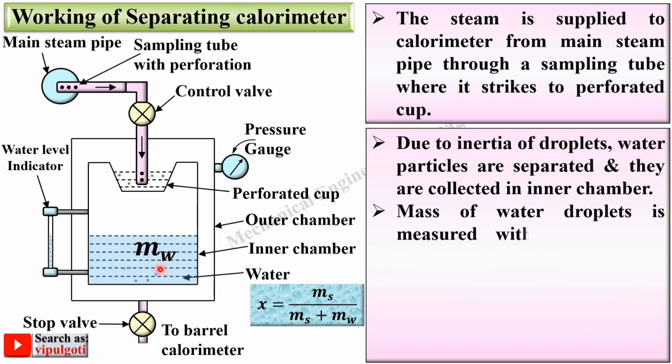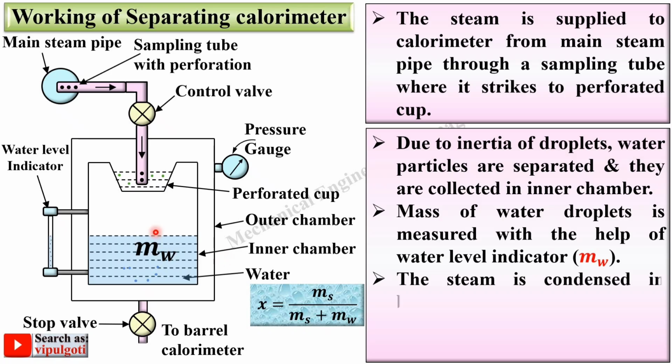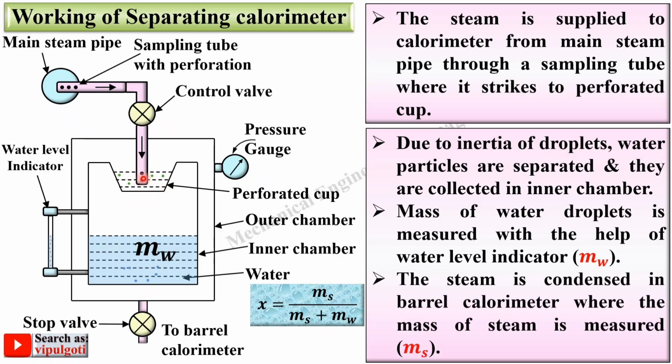Now next, the mass of water droplets is measured with the help of this water level indicator, and is called mW. Next, the steam is condensed in the barrel calorimeter, where the mass of the steam is measured. So look at this one. The steam, which is in the gaseous phase, has low inertia, so it will strike over here and then be separated over here.